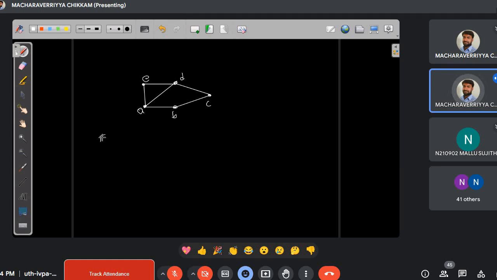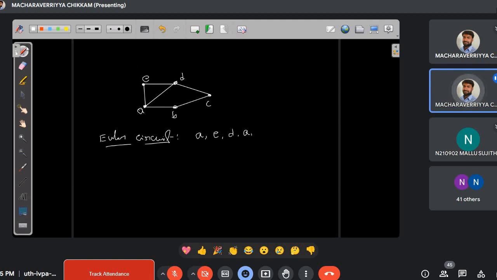Alright, let me write the Euler circuit. An Euler circuit needs to travel all edges. Let me concentrate on an Euler circuit that starts at A: A, E, D, A, and so on. There are two vertices of odd degree, A and E. What are the degrees here?